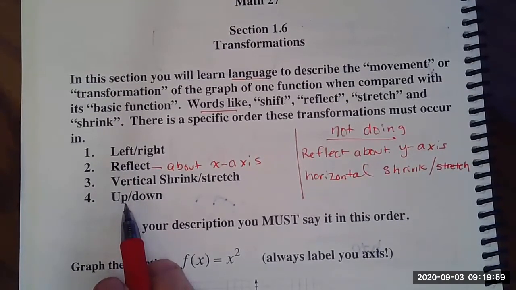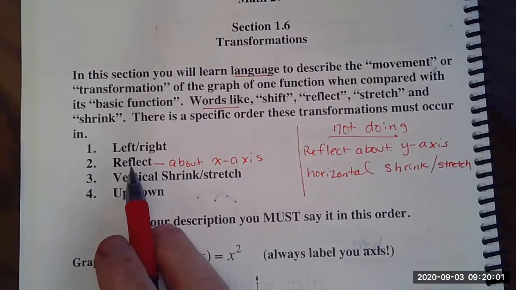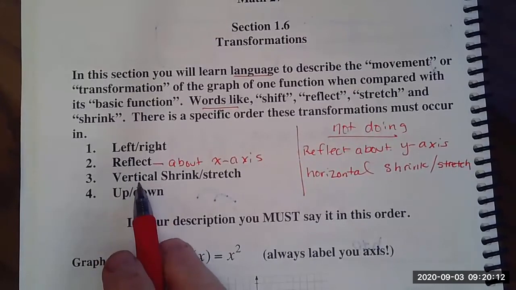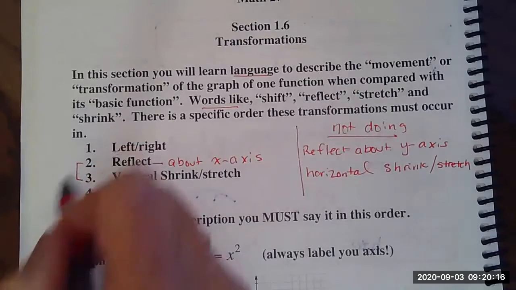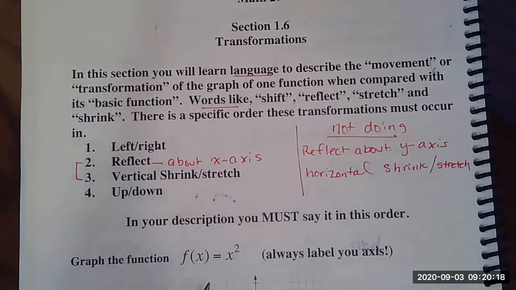And I have down here number 2, the reflect, whatever that is, reflect around the x-axis. There'll be some symmetry that you'll see with respect to that. And then the vertical stretch and shrink is number 3. It turns out, in reality, 2 and 3 could be interchanged.